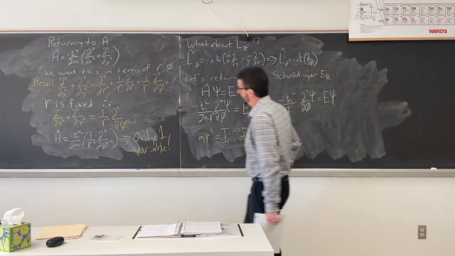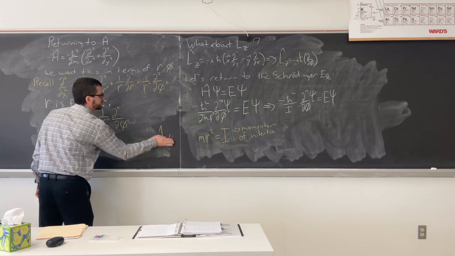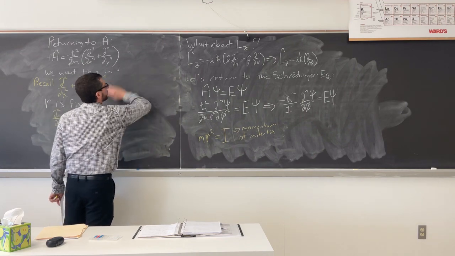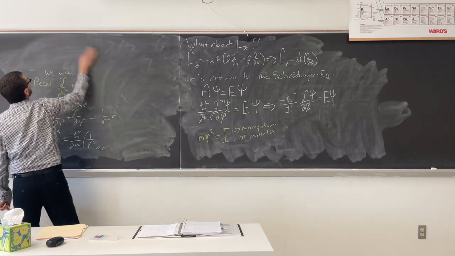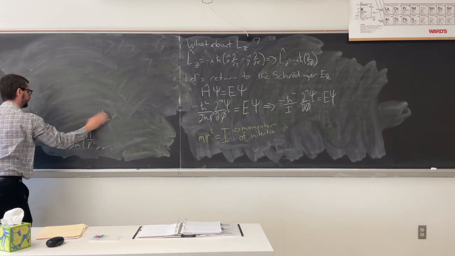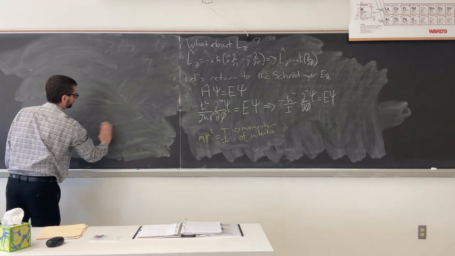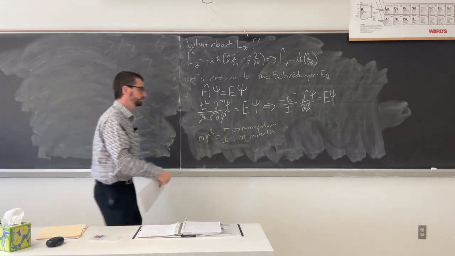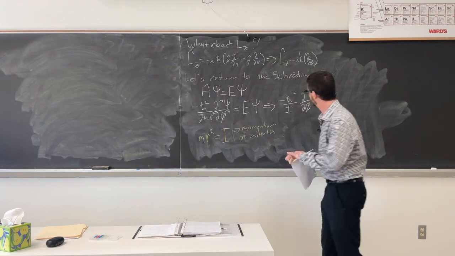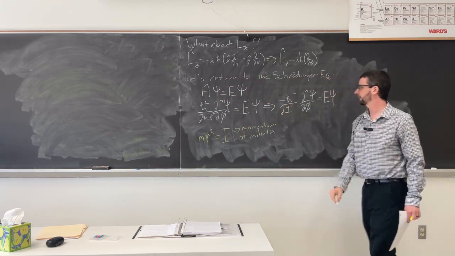Okay, I'm going to ask a series of questions right now that seems like it's not connected, but it will be connected. Oh, should be a 2 there. There we go.